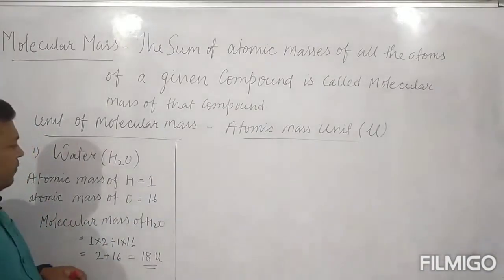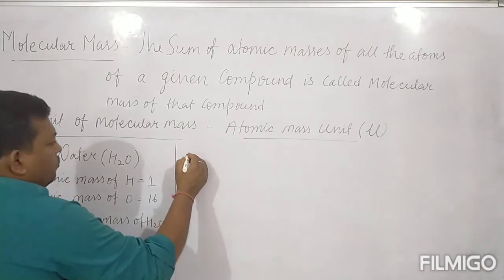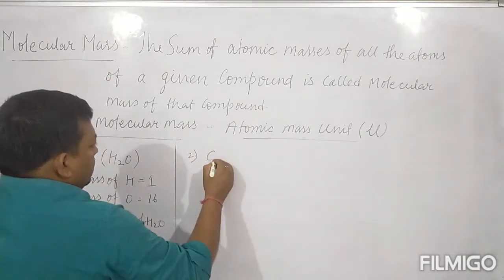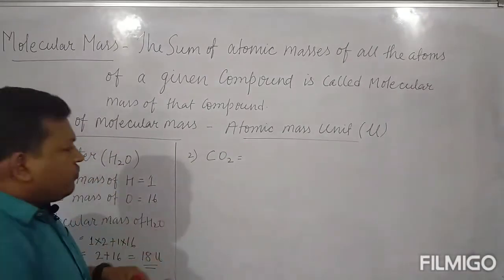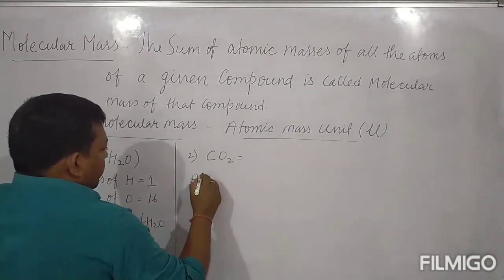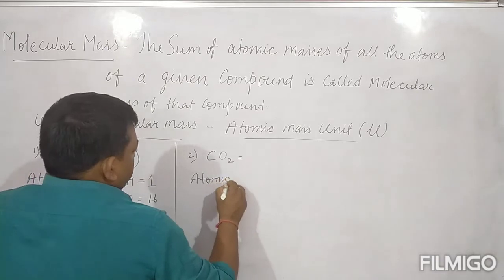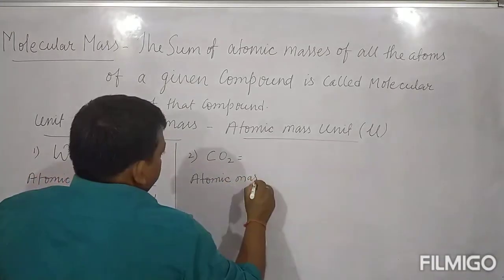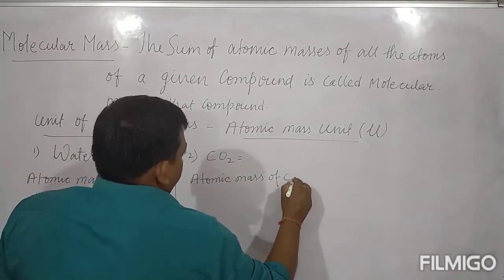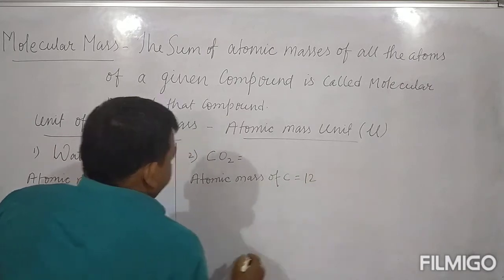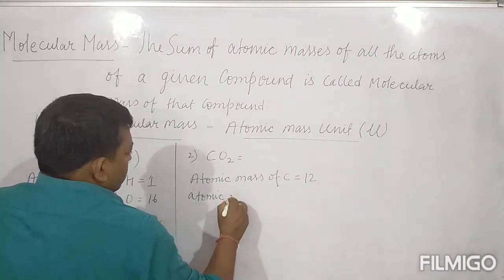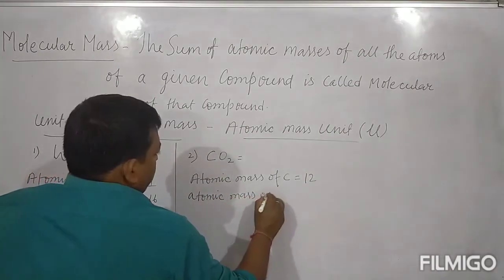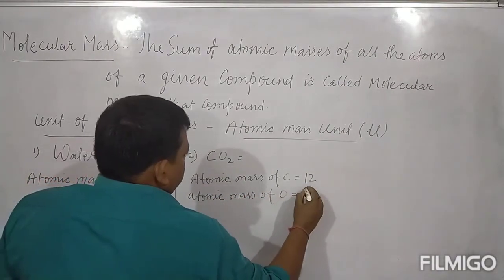Similarly, we will find the molecular mass of carbon dioxide, CO2. How will we find the molecular mass of CO2? First we write the atomic mass of carbon. This is 12. And the atomic mass of oxygen is 16.